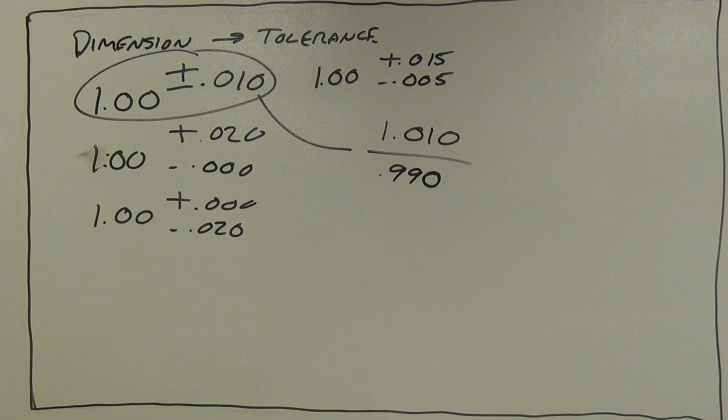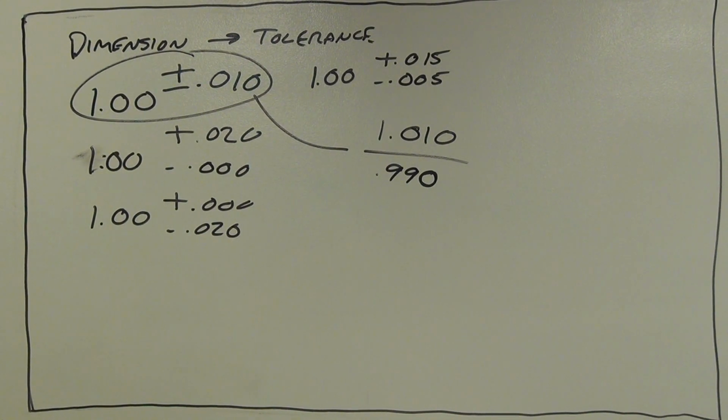When we do that, it's going to be interesting, because all of a sudden you're going to see that dimension and that tolerance in a different way, and it will tell you something about that feature. So let me convert those, and we're going to see that, as much as these dimensions look the same and the tolerances are sort of the same size, they are not equal to each other in any way. So let me do the conversion.